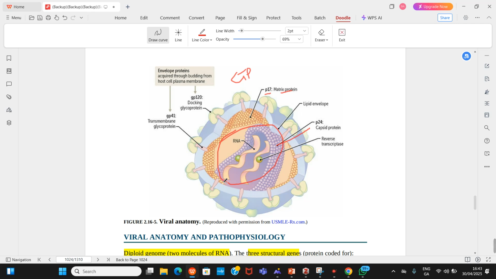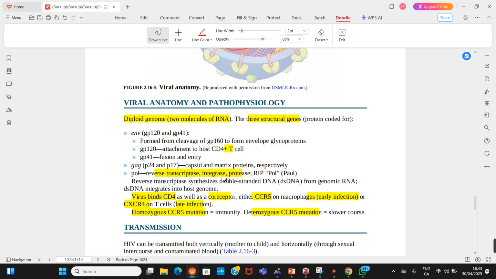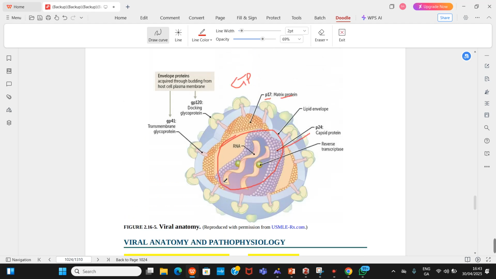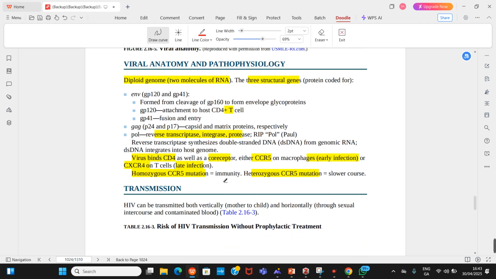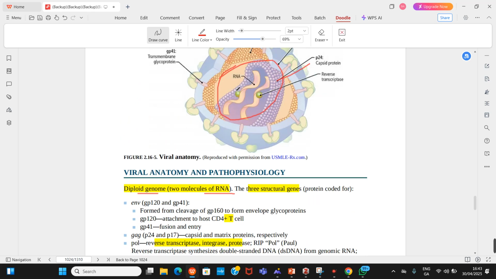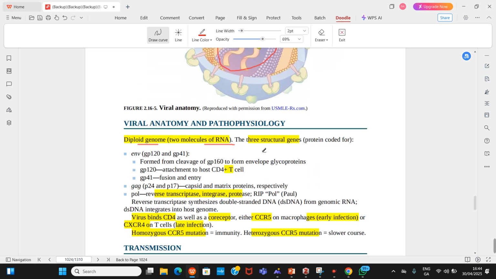So now, what do they do? I think I should explain that here. So we have talked about the diploid genome, 2 RNA, and now this RNA codes for 3 structural genes that we call the envelope gene, the GAG gene, and the pol gene.